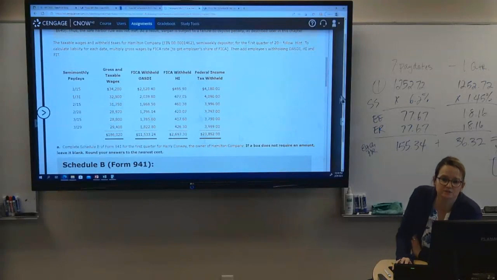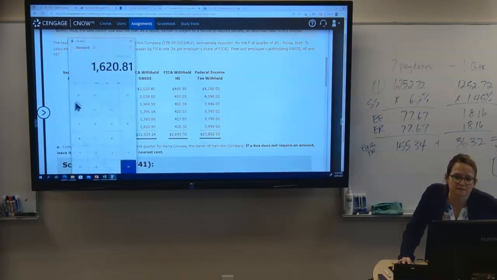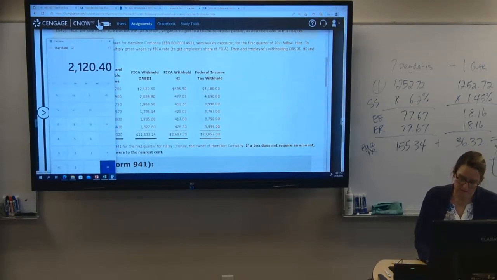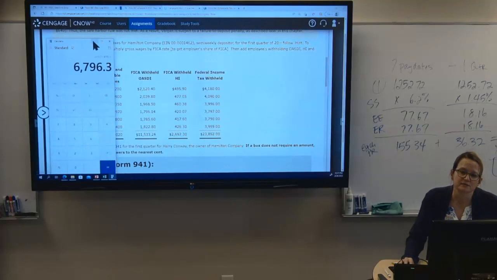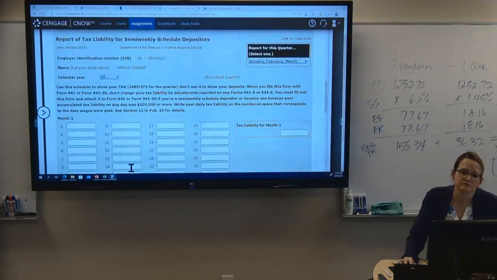Gross and taxable wages and the amounts withheld. So FICA, I would assume that's the total FICA. All right, so on the 15th, we're going to add up the OASDI, the HI, and the federal income tax. So 2120.40 plus 495.90 plus 4180, 6796.30. It's going to go on the 15th.